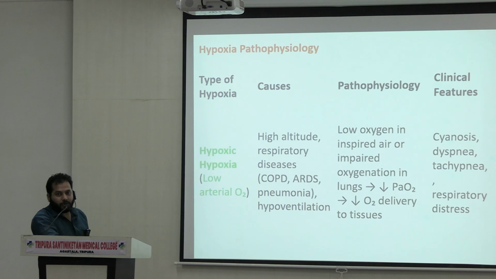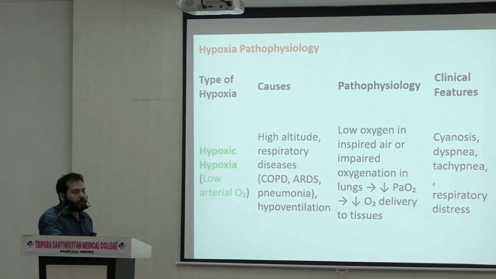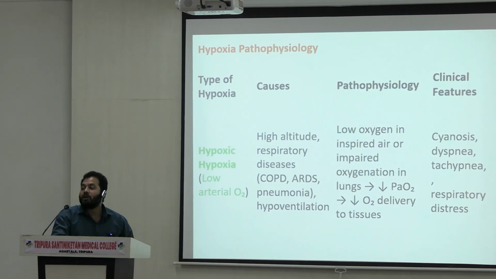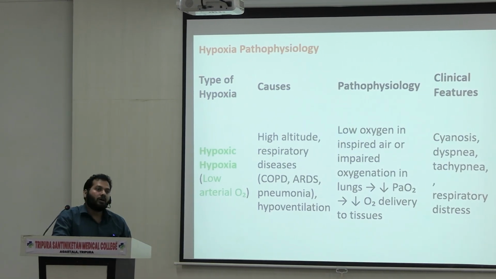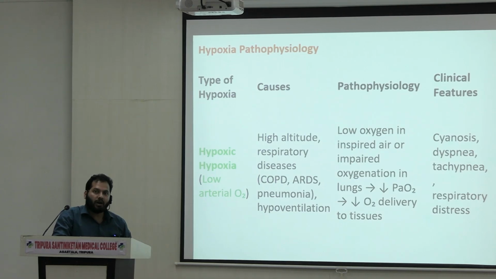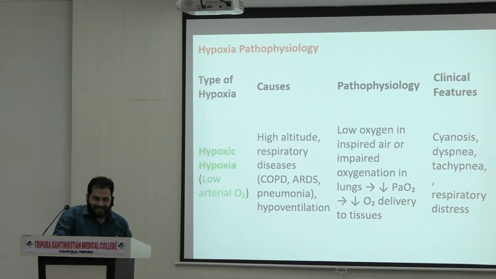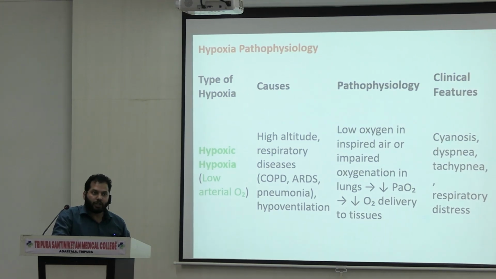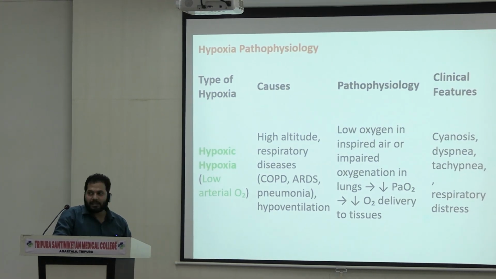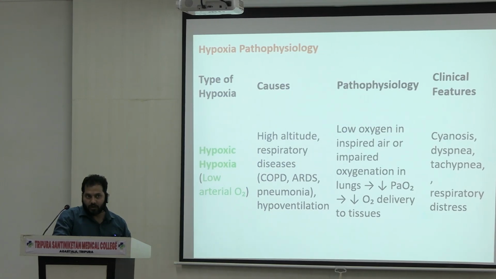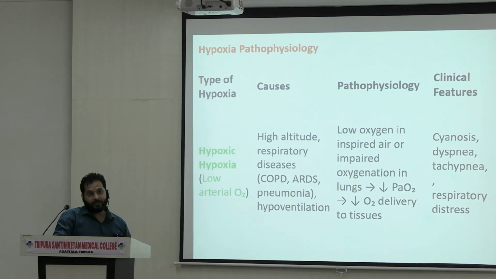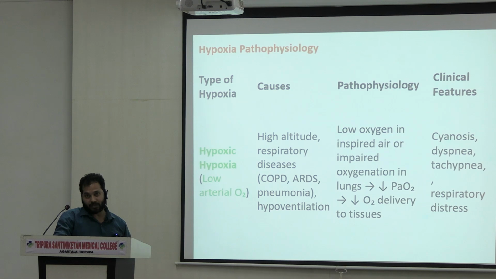If you see the causes of hypoxic hypoxia, there are many causes. Like high altitude. We know that at high altitude the partial pressure of gases is less, right? Even the partial pressure of oxygen at high altitude is less.